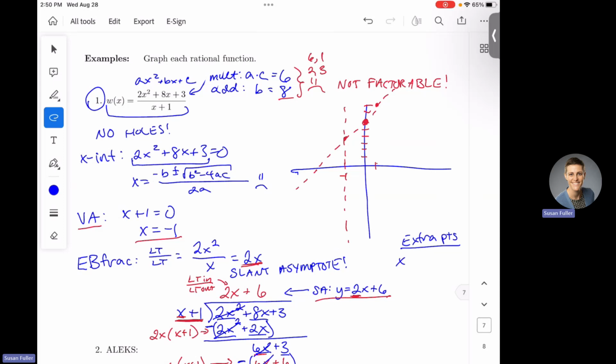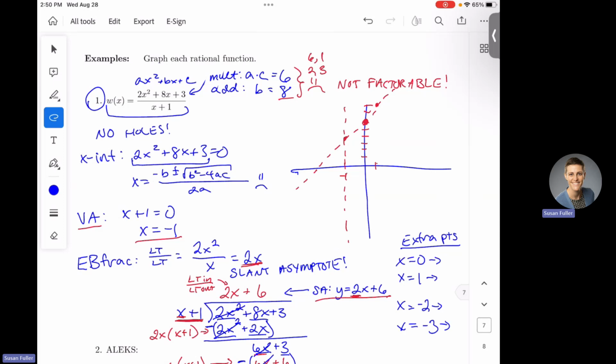So let me just look and see the extra points that I had found before. I used x equals 0 and x equals 1 for the things on the right side of my asymptote. And for the points on the left side, I used x equals -2 and x equals -3.